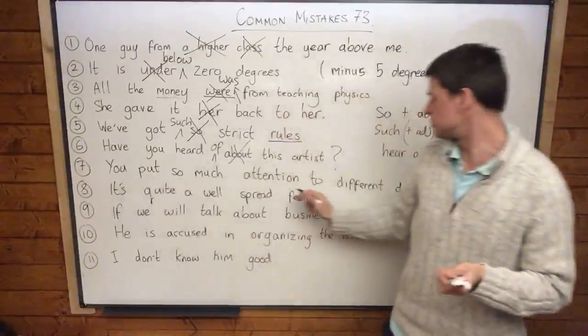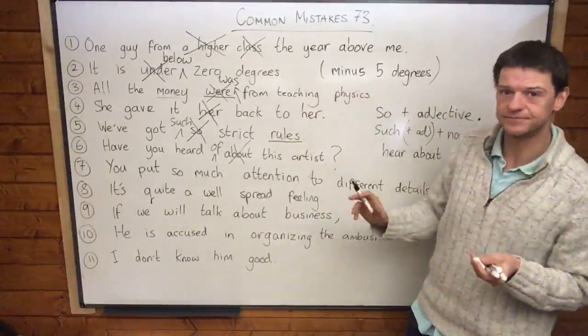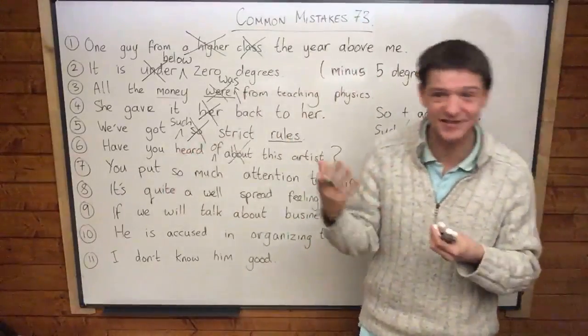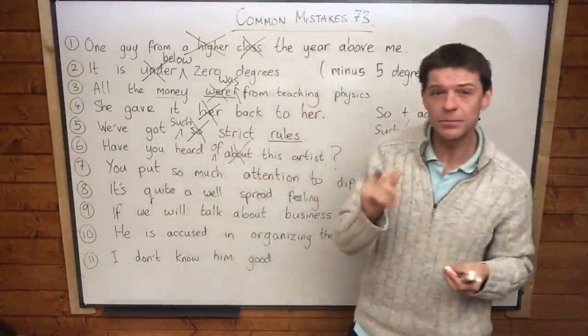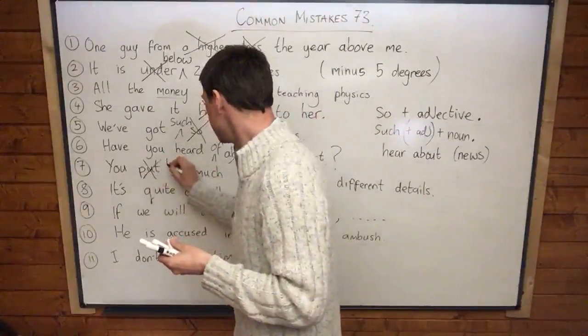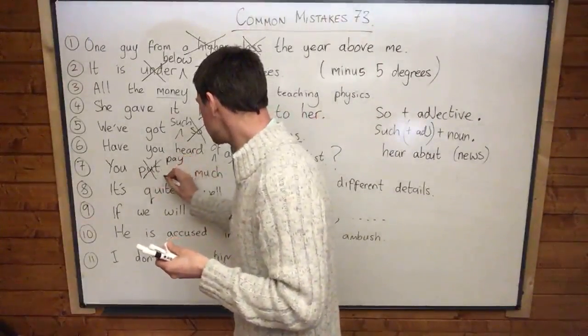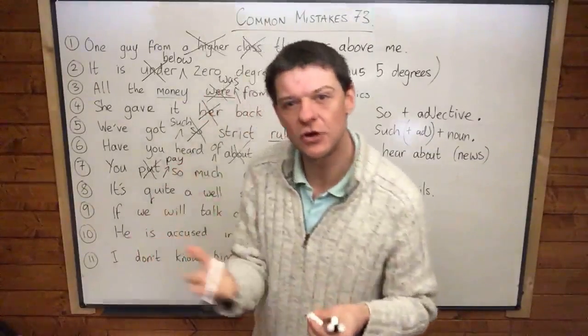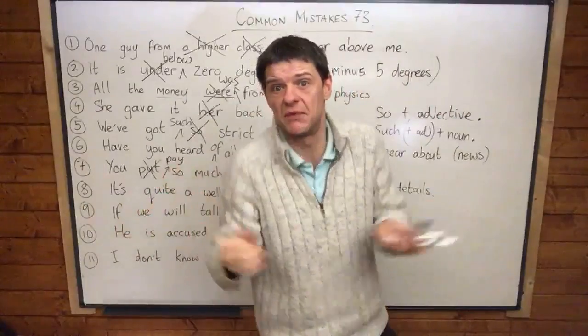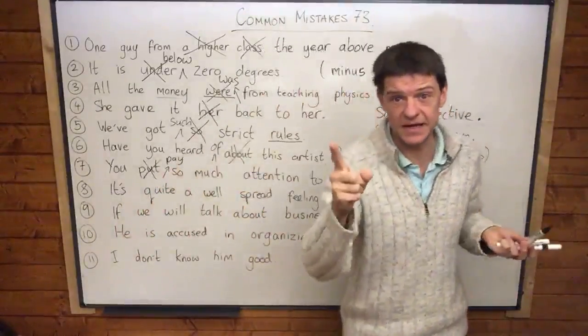Okay, you put so much attention to different details. I can't remember why the student said this sentence, but you don't put attention to, you pay attention to. Pay is often used in strange collocations. Pay attention to is one. I mean, why do we say pay? I don't know. It's a collocation, but we say pay attention.